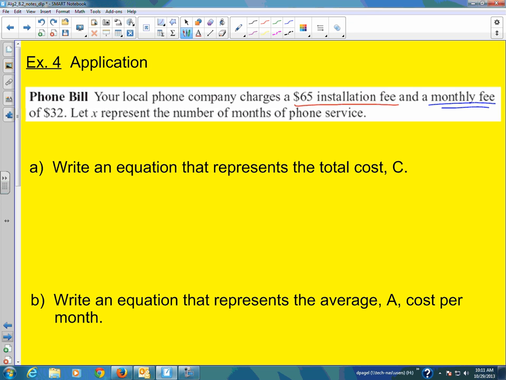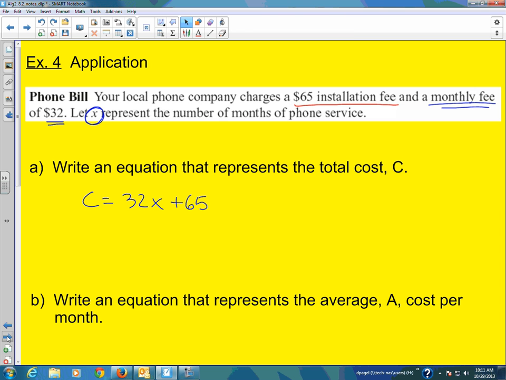That's happening on a monthly basis. So every month I'm going to have to pay my $32. So we have X representing how many months. We have a monthly fee of $32. So my equation for cost would definitely have to include that monthly charge. But it also includes the $65 one-time fee.